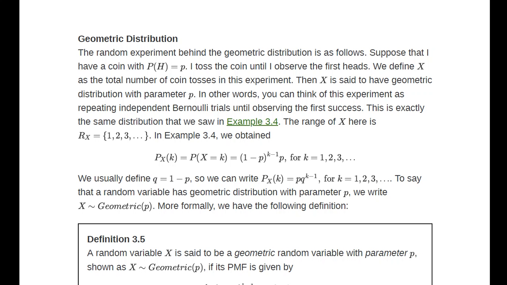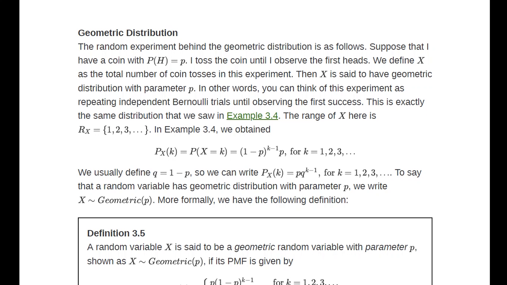We usually define q = 1 - p, so we can write P_X(k) = p q^(k-1) for k = 1, 2, 3 and so on, to say that a random variable has geometric distribution with parameter p. We write X ~ Geometric(p). More formally, we have the following definition.